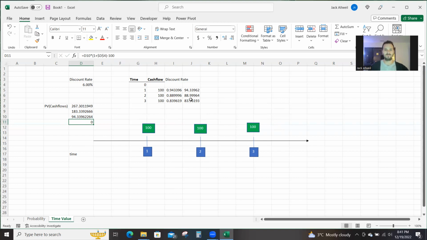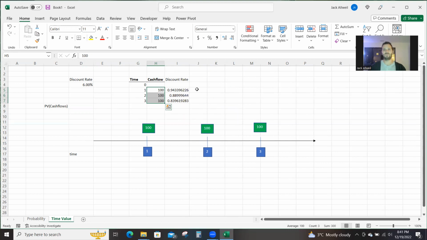But now let's look at if you added some mortality. So let's pretend this $100 was really a death benefit. And so we have this discount rate, and let's say we have a person who has some probability distribution of them dying each year. We'll say a relatively unhealthy person.